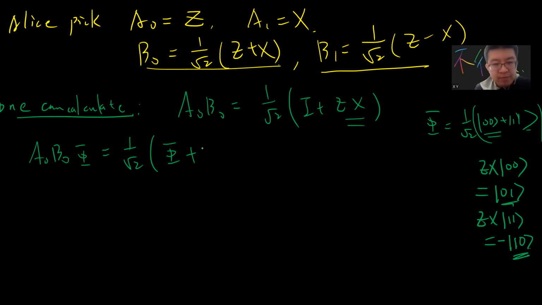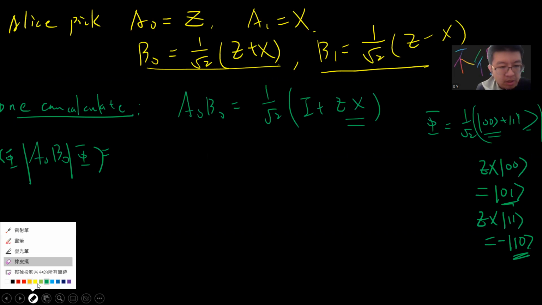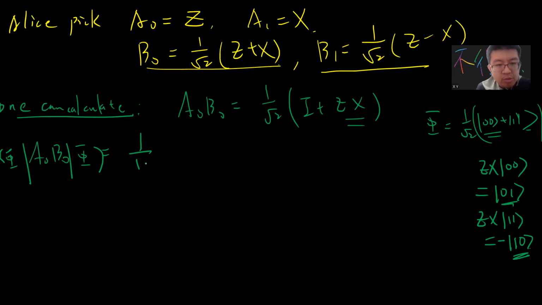So what I'm saying is that if you add phi here, you only get 1 over square root of 2. Basically this term, ZX on phi, and the phi inner product will be 0, because this guy is 0, 1 and minus 1, 0.